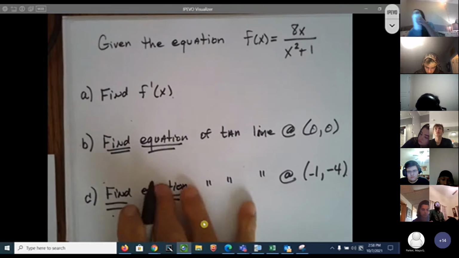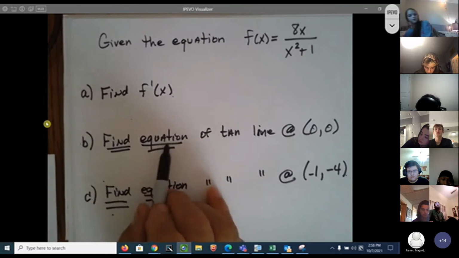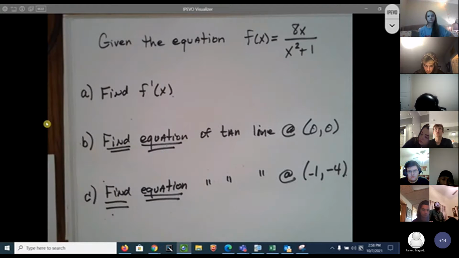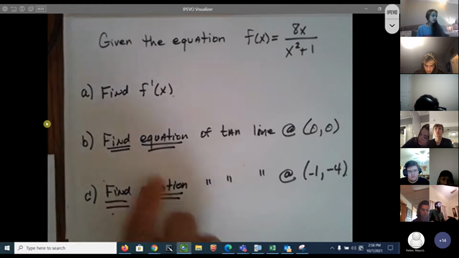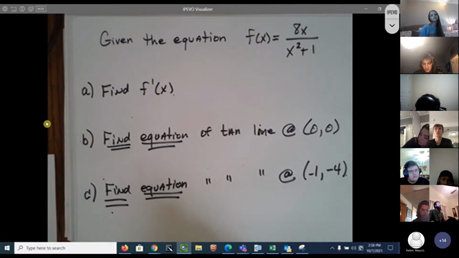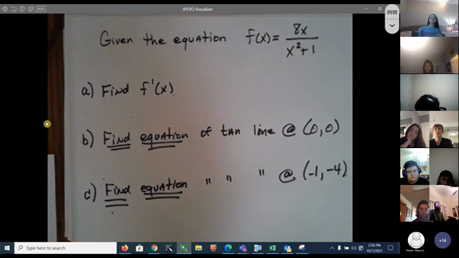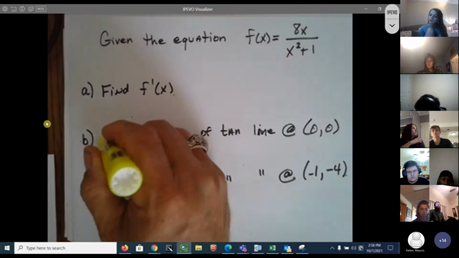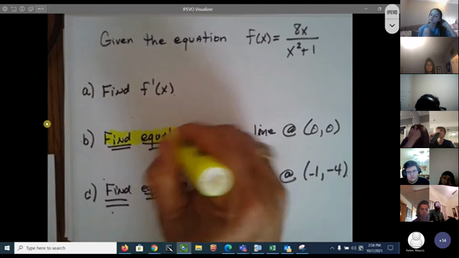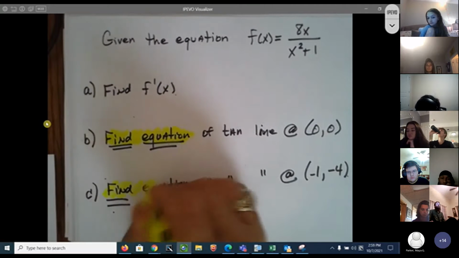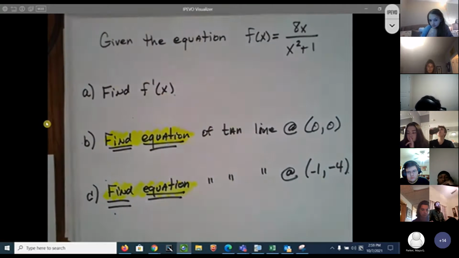Now, why did I underline these two words? Anybody want to take a guess at why I underlined those two words? Because ever since algebra, you've been taught that whenever you see these words, you're going to have to use what equation?